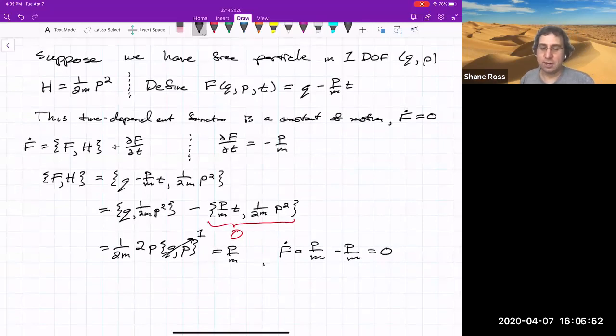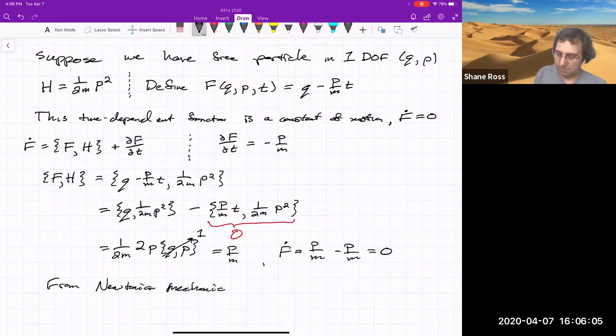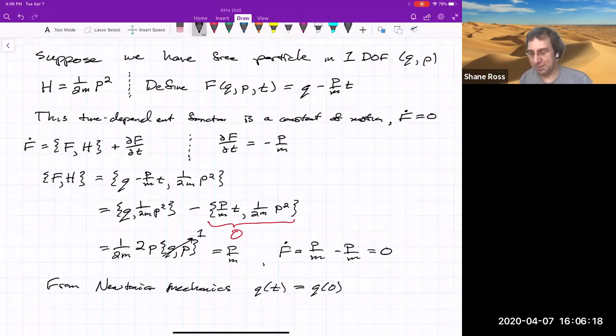Now, we haven't learned anything earth-shattering because we knew this from Newtonian mechanics. We just showed it in a new way. So from Newtonian mechanics, we could have said, well, the position along that one dimension at any time t is the initial position plus the velocity, which is p over m, times t. I guess that's the initial momentum, but we know the momentum's not changing.